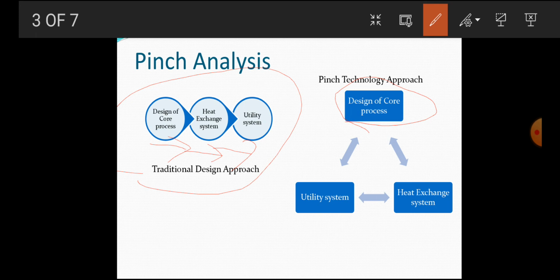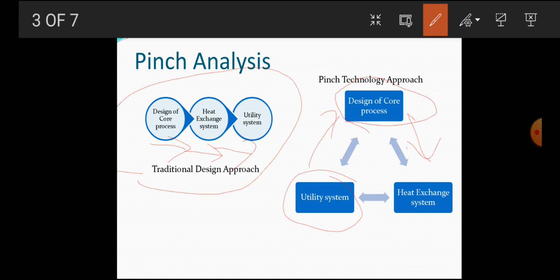So heat recovery and utility system constraints are then considered in the design of core processes. The interaction between heat recovery and utility systems is also considered. So the pinch design will reveal opportunities to modify the core processes to improve the heat integration.